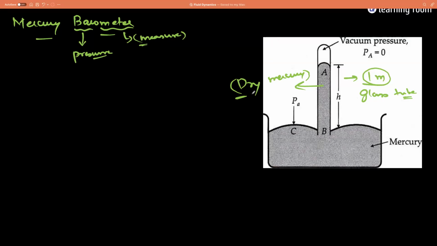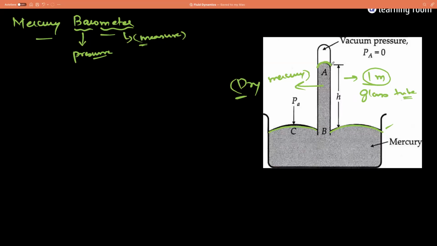Now what will happen is, let's say you take the glass tube and completely fill it with mercury. Now what you do is you invert it. When you invert it and put it into a vessel like this, then the mercury will start flowing and it is going to form a layer like this.